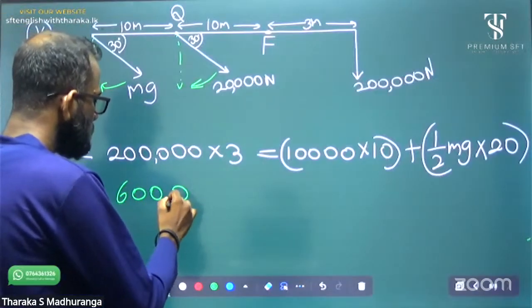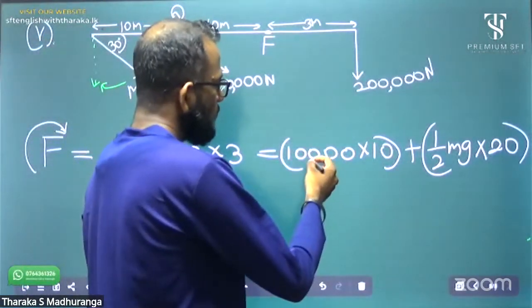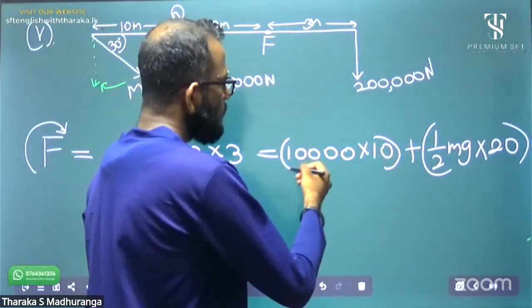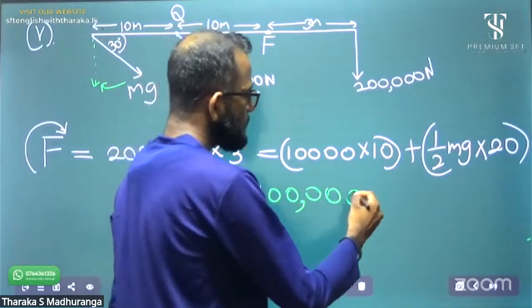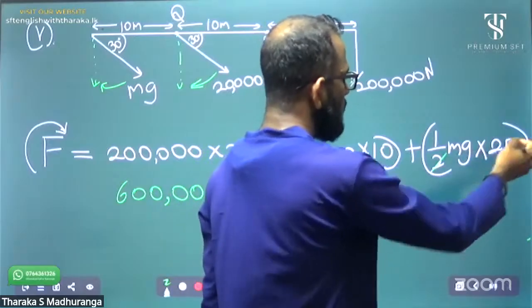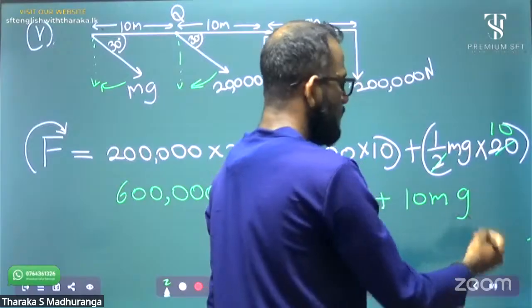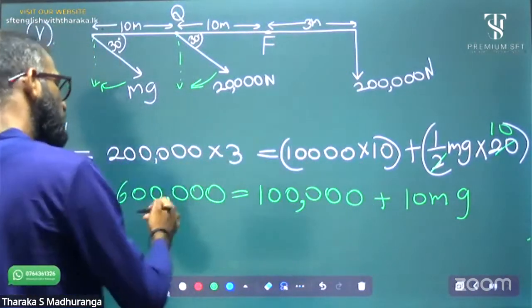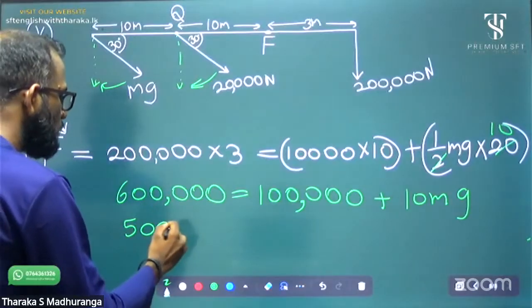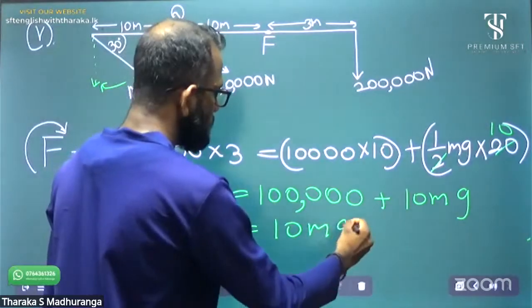600,000 equals 10,000 into 10, which is 100,000, plus, may I cancel, 10 mg. Now the 100,000 goes to this side, so it is 500,000 equals 10 mg.